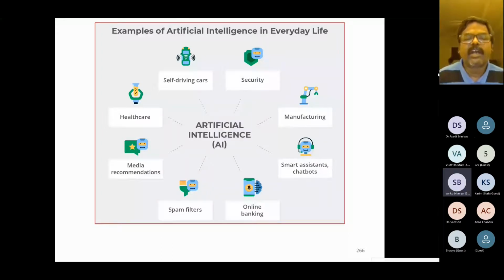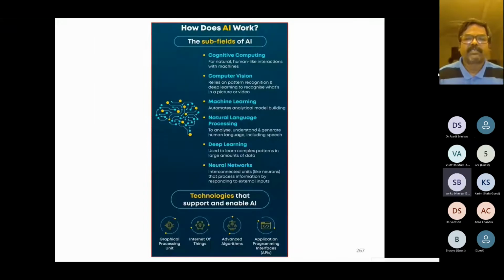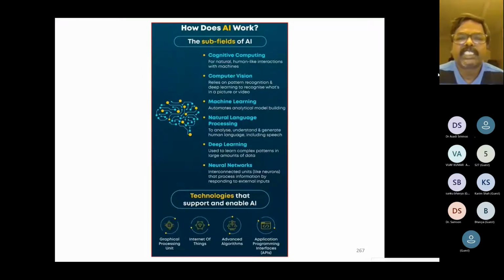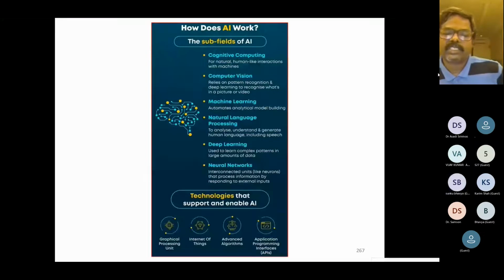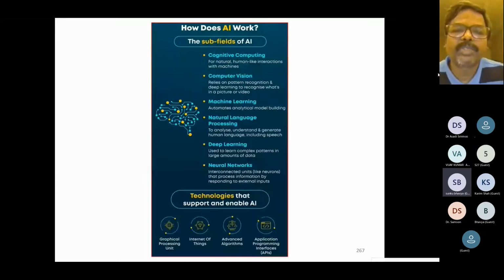Then how does artificial intelligence work? The subfields of artificial intelligence include cognitive computing. You must know the terminology of cognitive computing: natural human-like interactions with machines is called cognitive computing.